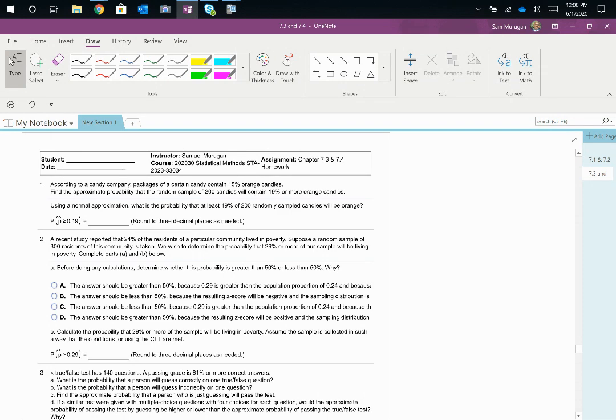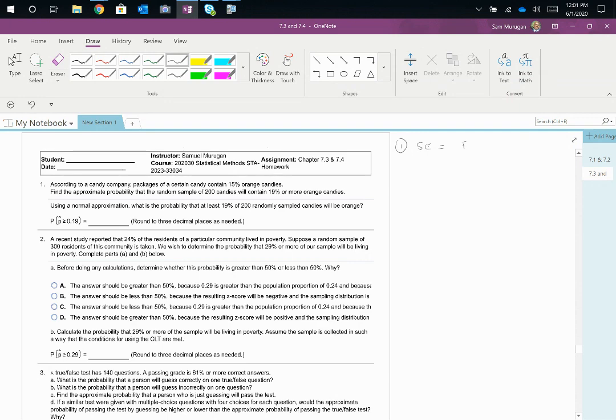Now, here we go. According to a candy company, packages of a certain candy contain 15% orange candies. Find the approximate probability that a random sample of 200 candies will contain 19% or more orange candies. So the very first thing you want to do here is to compute the standard error.